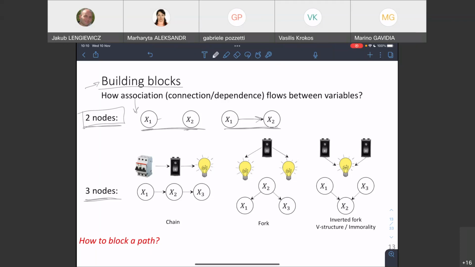There is no link between them, so we assume that they're independent. And in the data set that will be sampled from this situation, there will be no statistical relationship or statistical correlation between these two variables. Now let us try to add one more node and see what will happen.